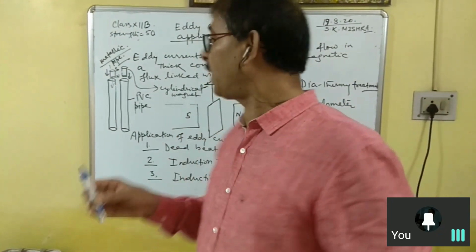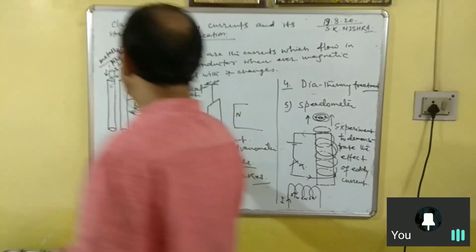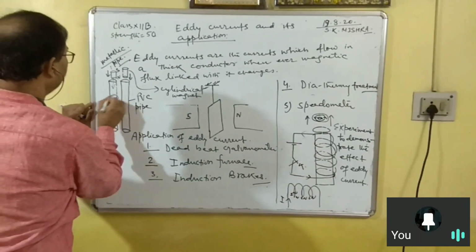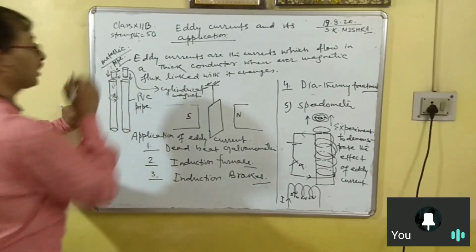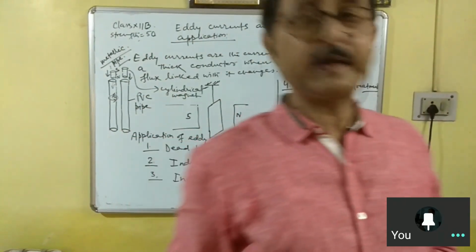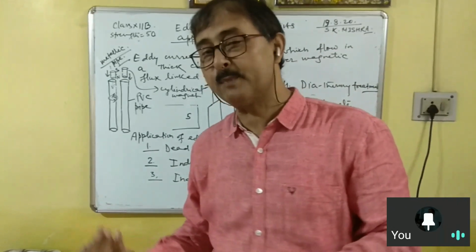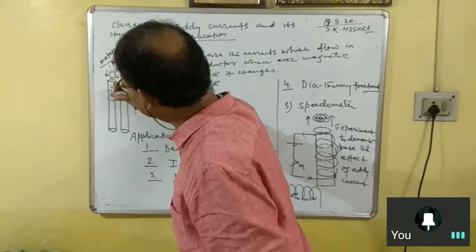If the north pole is coming, then north pole will develop here, and north will repel north. The current will be in the anti-clockwise direction, and this north will repel the north, so its motion will be opposed. If the weight of the magnet is more than this force, then the acceleration will be less.